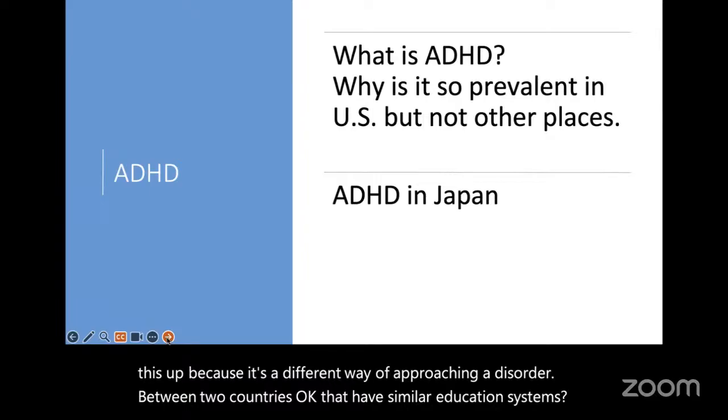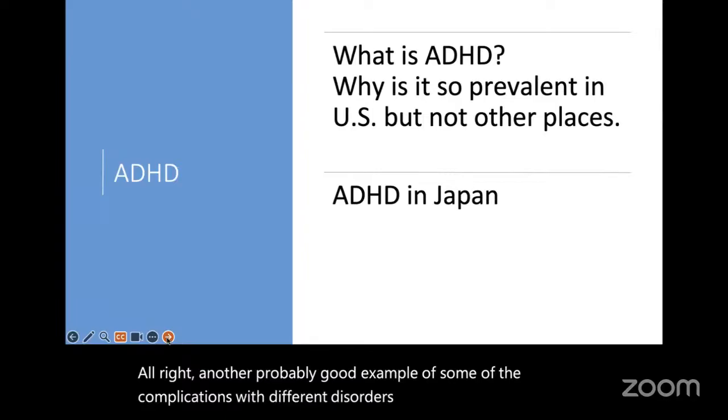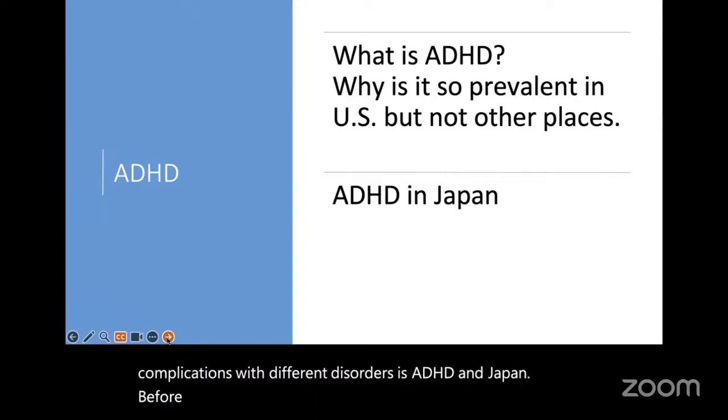Another probably good example of some of the complications with different disorders is ADHD and Japan. Okay. Before the 1990s in Japan, you'd have a hard time finding any cases of ADHD. Okay.